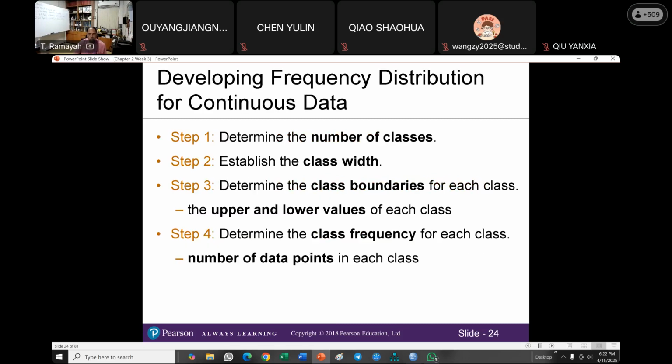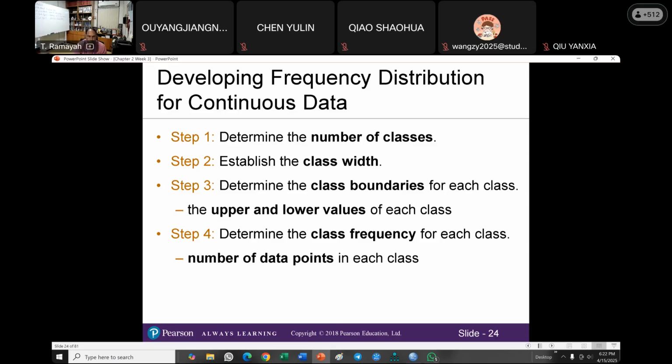But for this book, we will use a format or formula that is given by these authors. I will share it with you. These are the 5 steps we will do when we have continuous data and want to group it into a certain number of classes. Step 1 is to determine the number of classes.